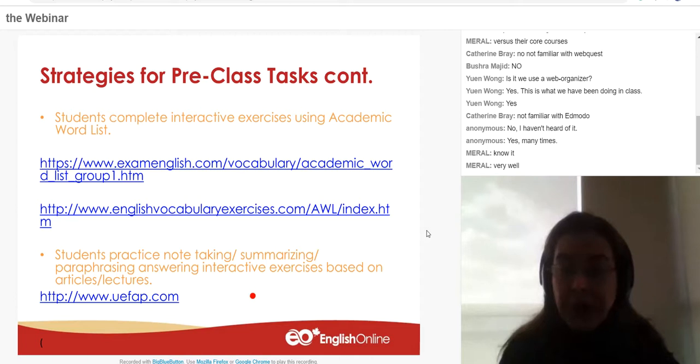Summarizing with short texts to practice. Paraphrasing is always a problem for students on different levels. So they get to work on this on their own. Or it really depends on how the teacher wants it to go. It could be during the class time as well.